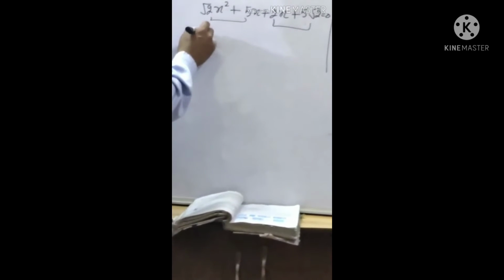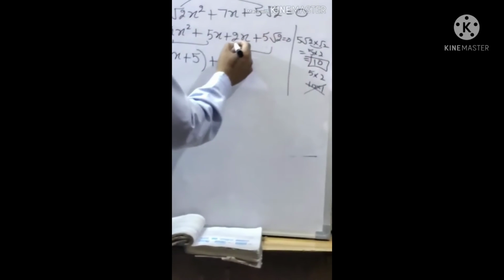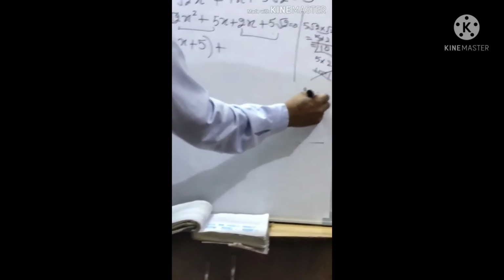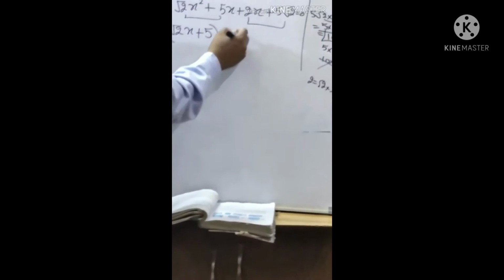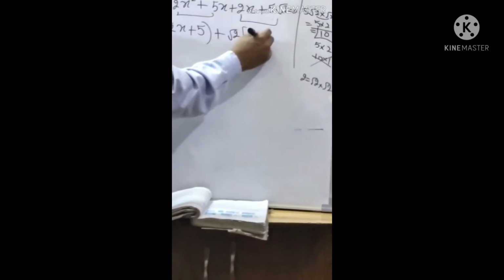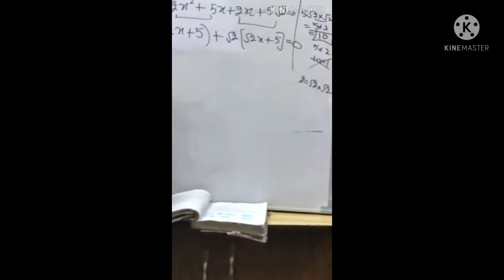In the first two terms, only x is common, root is not common, x square is x times x, so x into (root 2 x plus 5). In the last two terms, 2 means root 2 multiplied by root 2, so root 2 is common: root 2 outside, (root 2 x plus 5) inside, equal to 0.